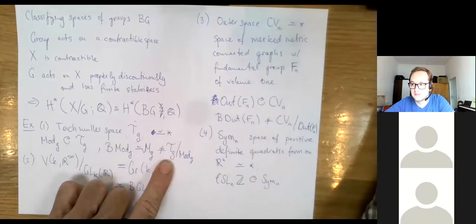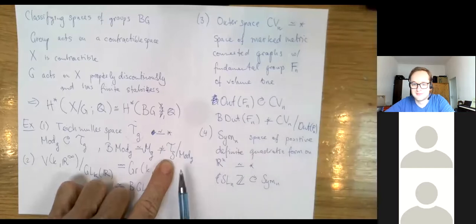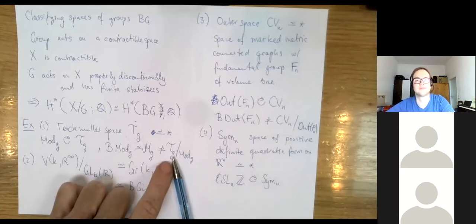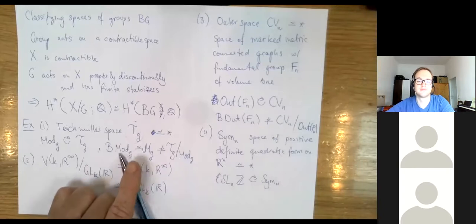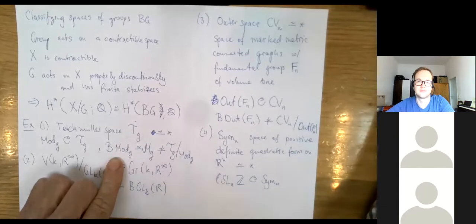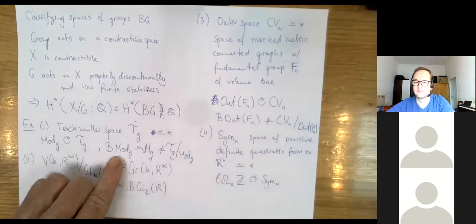Thanks. So here, the questions is still here. The mapping class group acts on a Teichmüller space with finite stabilizers. So the quotient is not the same as the homotopy quotient, which would be then giving you the classifying space. So that's, I hope that answers your question. I hope I didn't misunderstand the question.